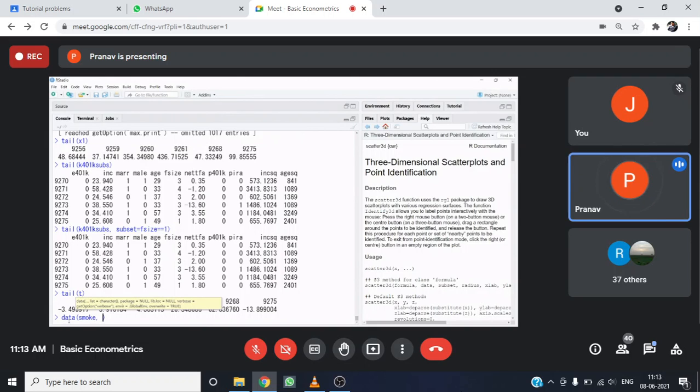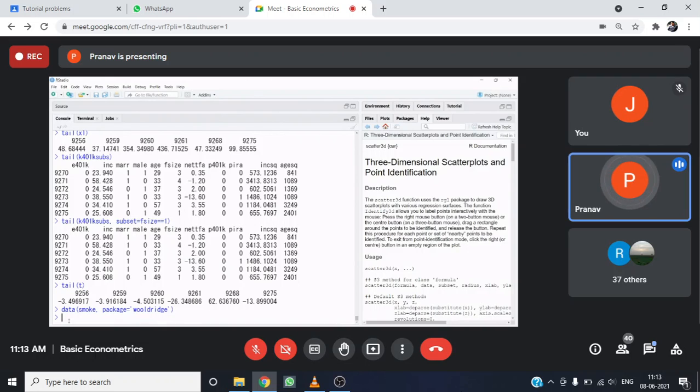Otherwise, a lot of time will get wasted. So load this data set, smoke, which is named as smoke. Just explore the data.